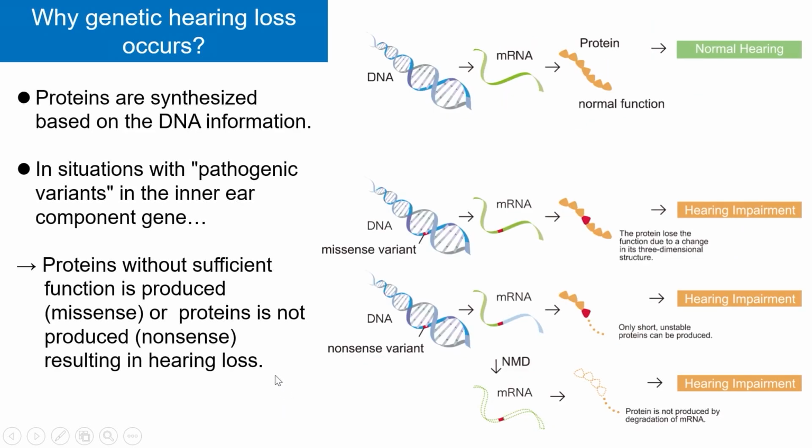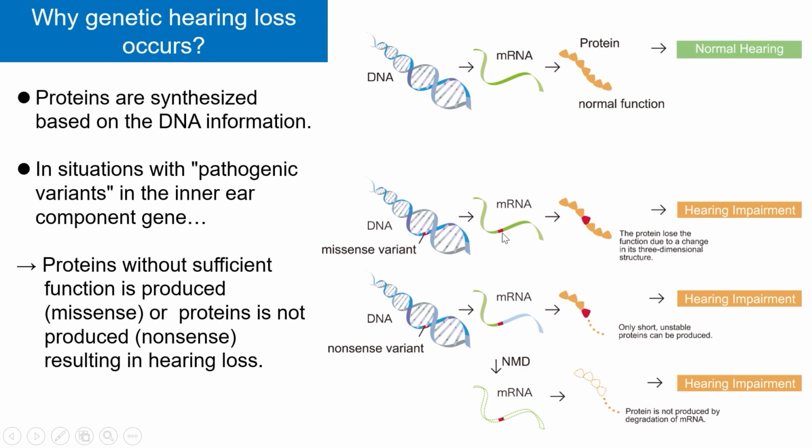So why does genetic hearing loss occur? Proteins are synthesized based on the DNA information, as I mentioned in the previous slide. With DNA without a pathogenic variant, a normal functional protein is produced, and thus we can hear normally. However, in a situation with a pathogenic variant like this in an inner ear component gene, the messenger RNA produced from this gene also contains the pathogenic variant.